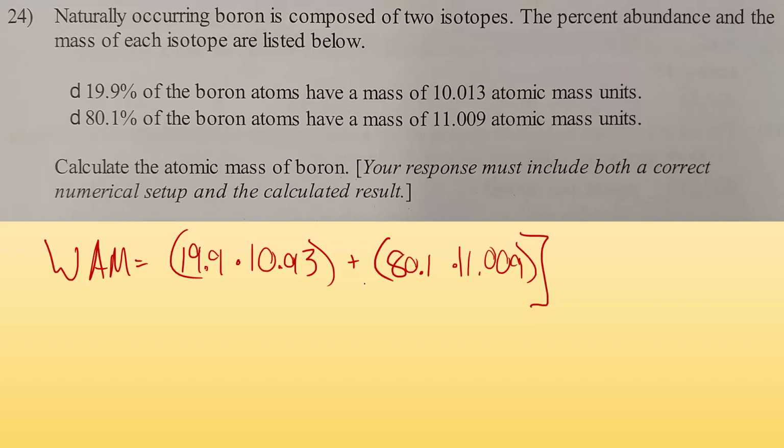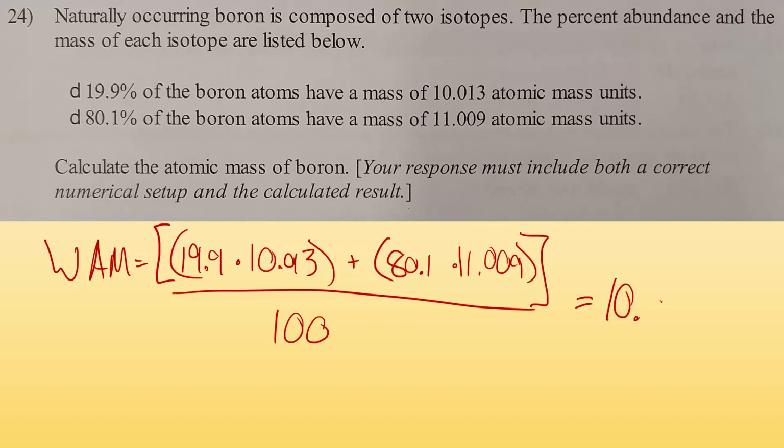Because we're dealing with percentages, once we add those together, we divide by 100 because it's percent per 100, and we end up with an answer of 10.875677 atomic mass units, or grams per mole.